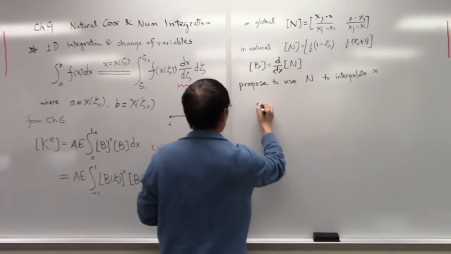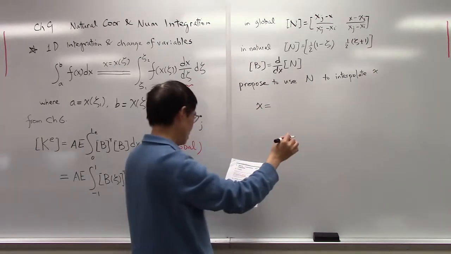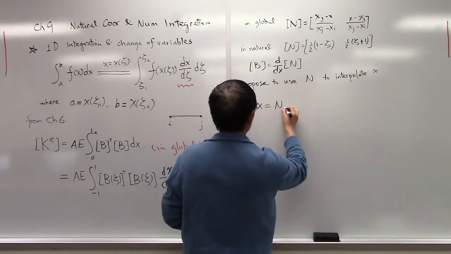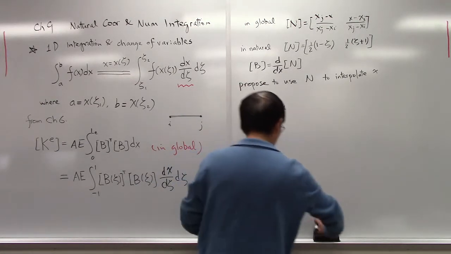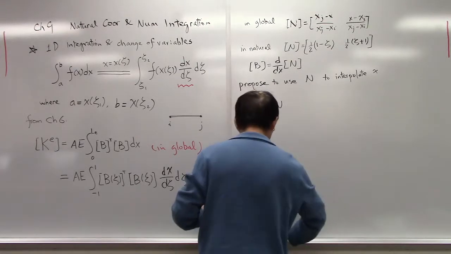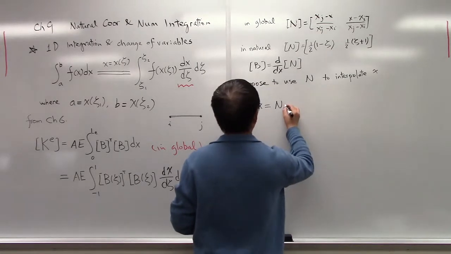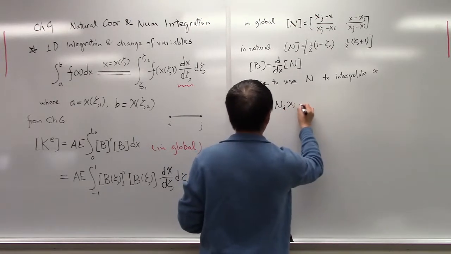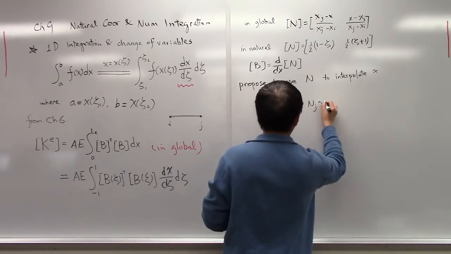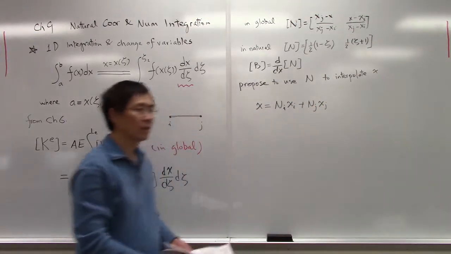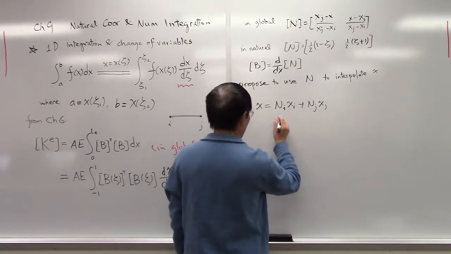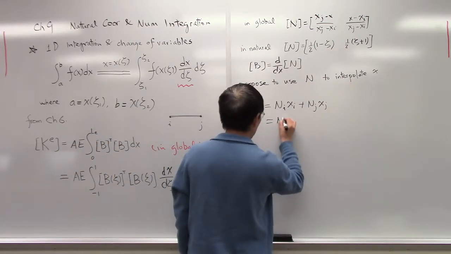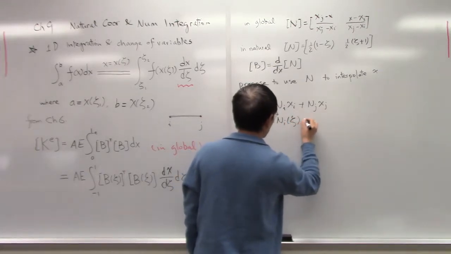It means x, we're going to use Ni, which is the left node shape function, times xi plus Nj xj. Now you can see here, Ni is viewed as a function of theta.